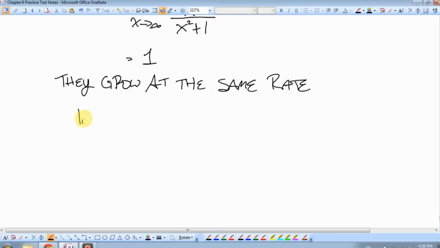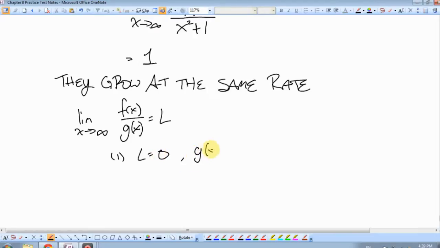So imagine we have the limit as x goes to infinity of f of x over g of x, and we'll say that's equal to L. 1. If L equals 0, then g grows faster. 2.